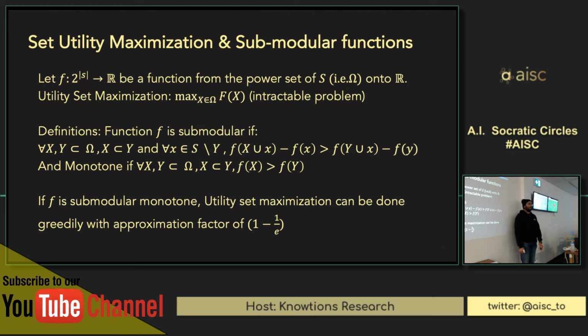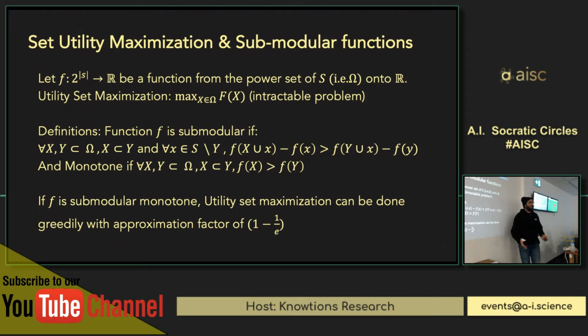Assume you have X and Y, which are two different subsets belonging to omega, where X is also a subset of Y, which basically means the cardinality of X is lower than the cardinality of Y. Let us assume that there exists an x which belongs to the difference of the sets S and Y, so it's not in X or Y, but it's in S. If we calculate the increase in utility of f by adding x to either of the subsets, adding it to X should give a greater increase than adding it to Y, because X is a smaller subset than Y. This is called the property of diminishing returns.